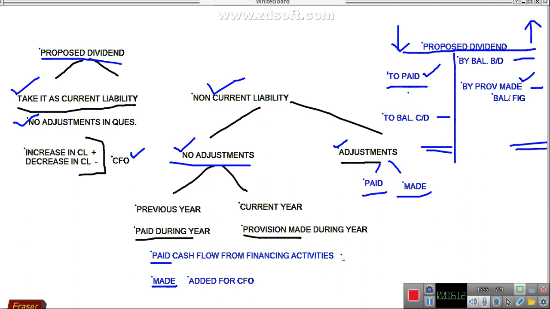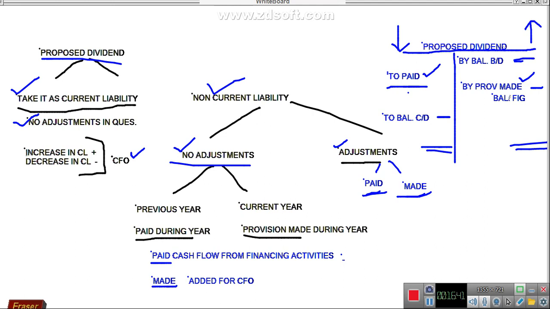But if adjustments are given to you in the question, then for the calculation of paid and made during the year, you have to prepare the proposed dividend account. In this account, it will begin with the opening balance on the credit side and closing balance on the debit side, because it is a liability, and then proposed dividend paid during the year will be written on the debit side, and made during the year will be written on the credit side.